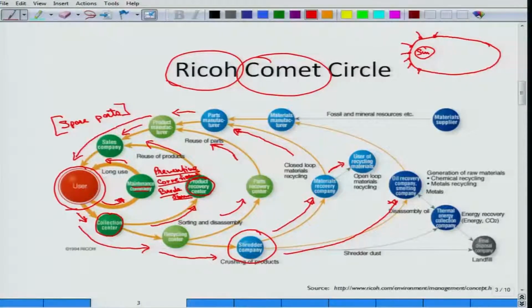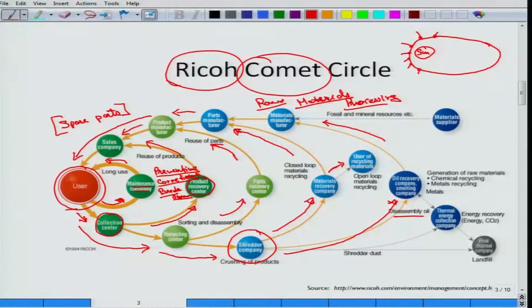So, the next is the shredder company sends it to the oil recovery company or smelting company, right, who would send it to the materials manufacturer. This is now raw material processing. They could even extract some thermal energy from this oil and generate certain raw materials like chemical recycling and metal recycling.